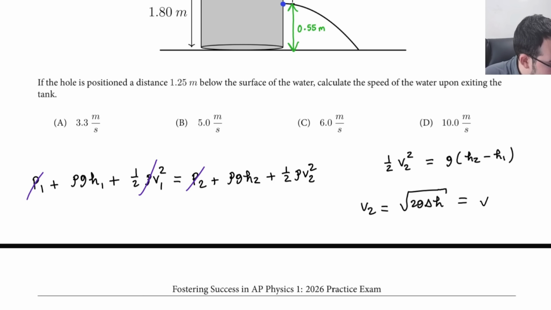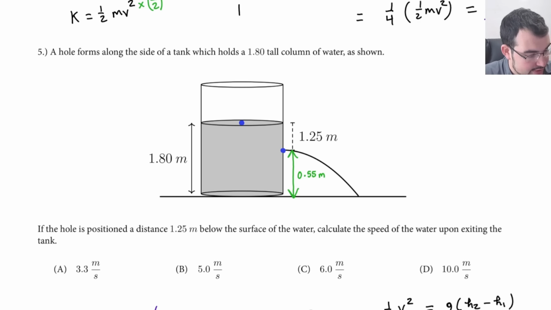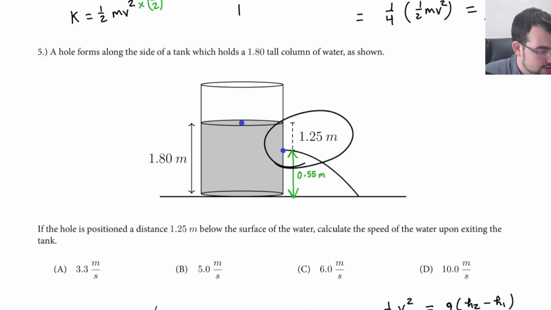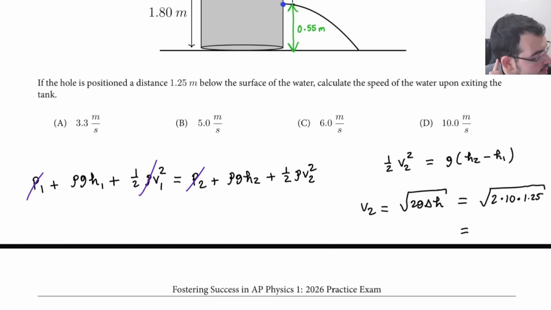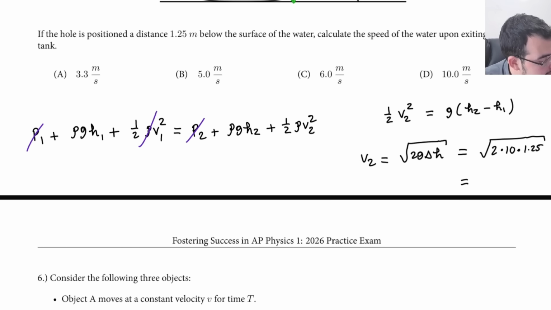So then we can just plug in 2 times 10 times delta H, which is actually just 1.8 minus 1.2, 1.8 minus 0.55, which is 1.25. And if we do that, we get, let's see, 12.5 times 2 square rooted, 5 meters per second.